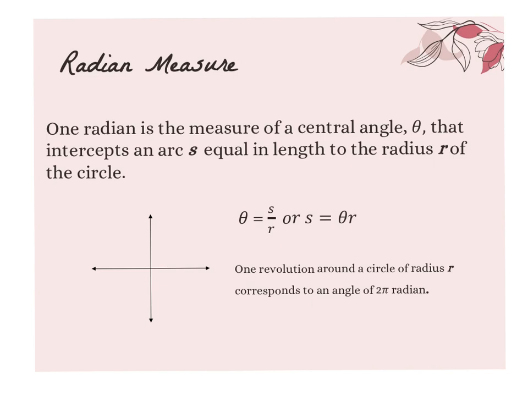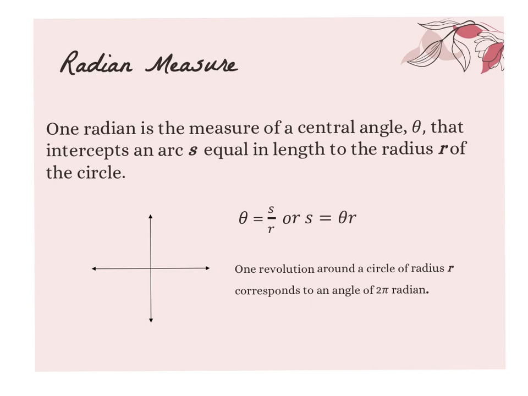Or, if we rearrange the equation, the arc length is equal to theta, the angle measure in radians, times the radius. Keep in mind that 1 revolution around a circle of radius r corresponds to an angle of 2 pi. So before, 1 revolution around would be 360. Now we're going to measure it as 2 pi.